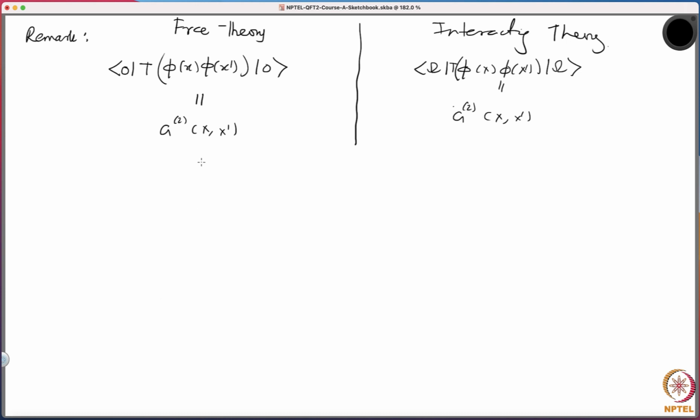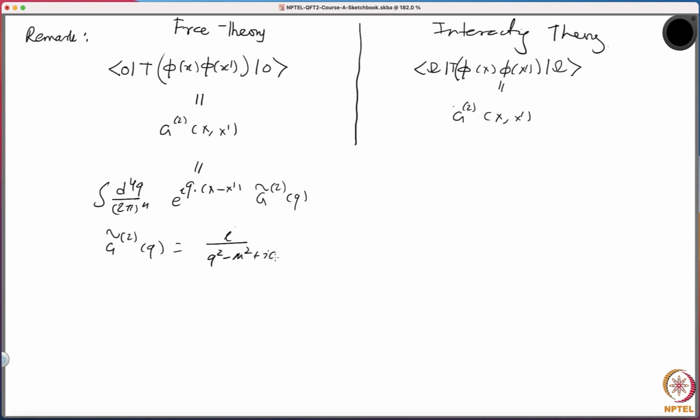And here, if you write this in terms of G tilde, I should write Q now, Q dot x minus x prime. Then you know what G tilde 2 of Q is. In this free theory, G tilde 2 of Q is i over Q square minus M square plus i epsilon, and remember in free theory, M square is the physical mass.